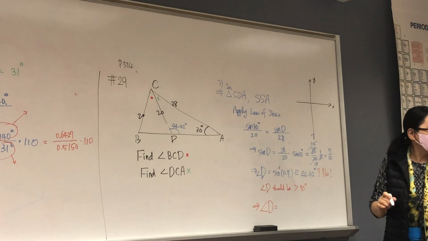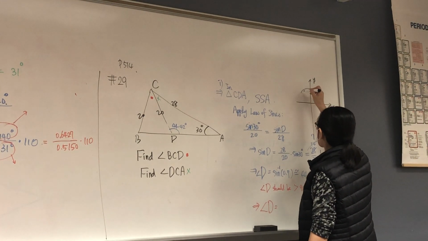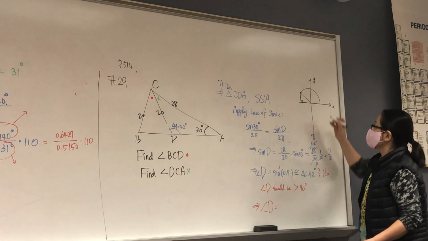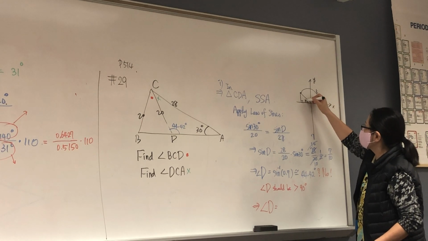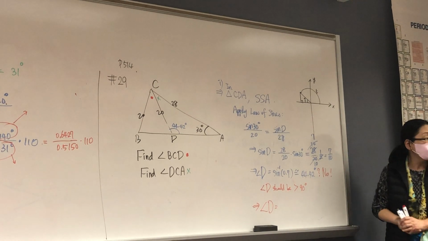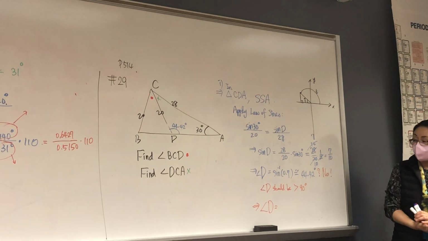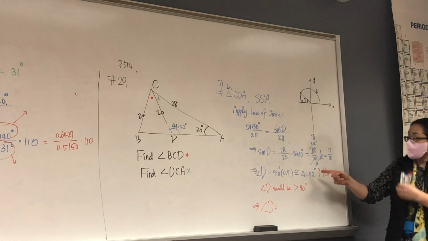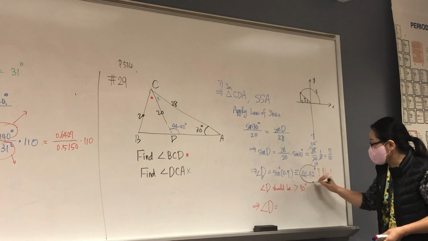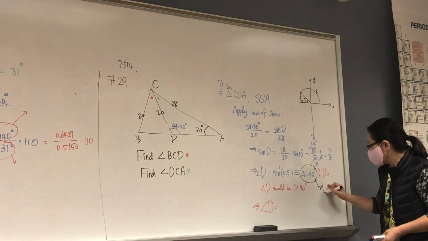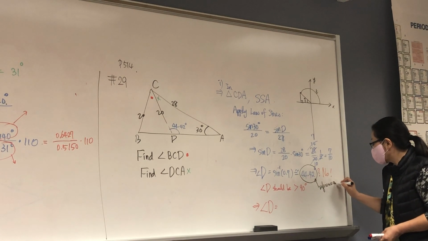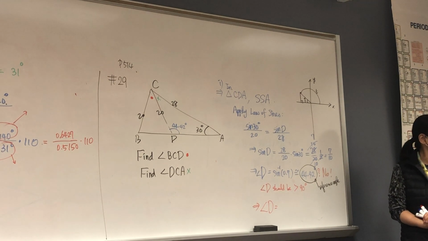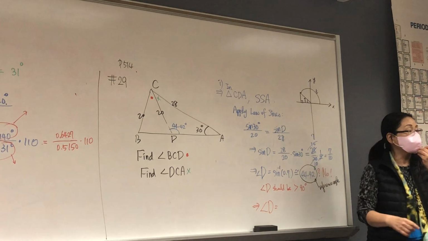If your angle is in the second quadrant, this one is measured by t tilde, the reference angle. Do you understand? So plus pi? I don't think so. It is 180 minus what?